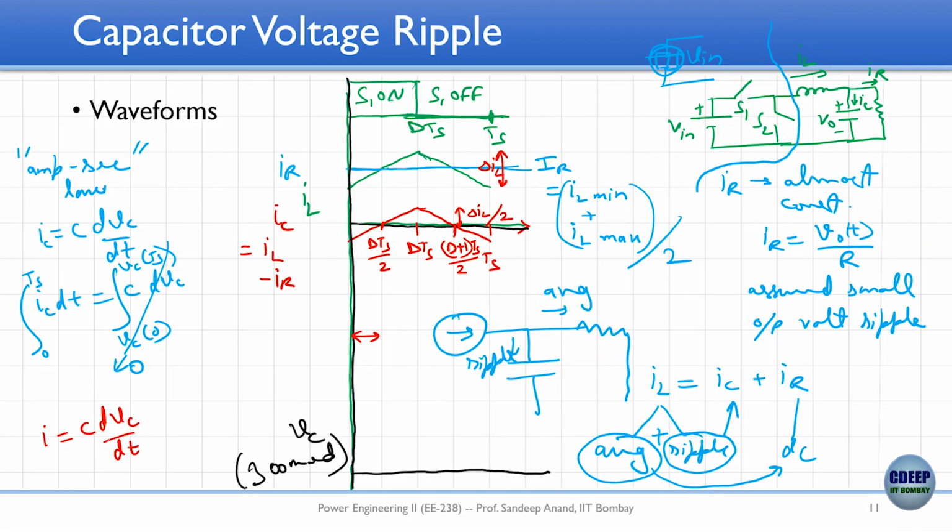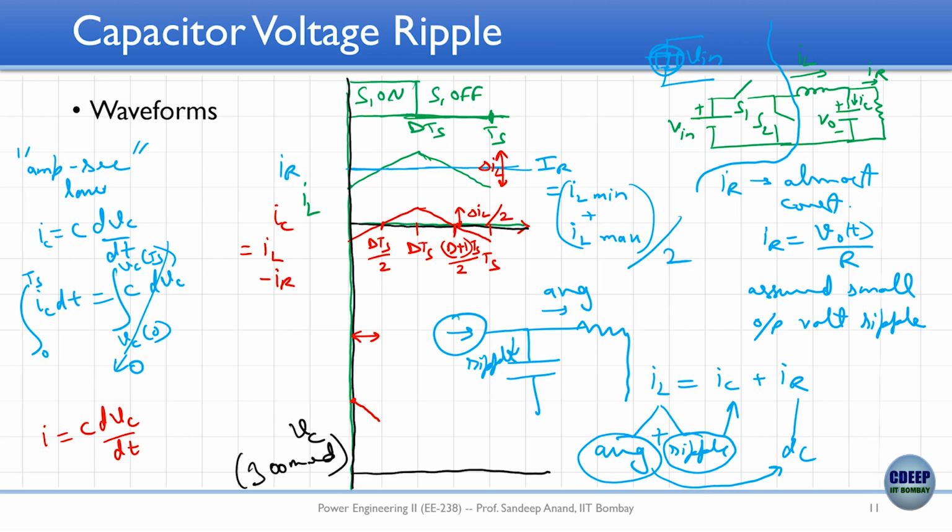So dV by dt is I by C. Whether I in the capacitor is positive or negative from 0 to dTs by 2? Negative. So dV by dt will be negative. So if I am starting from here, it will go down. Okay? Some shape, not straight line, of course, it's the integral of a straight line, right? So not straight line, in some shape it goes down.